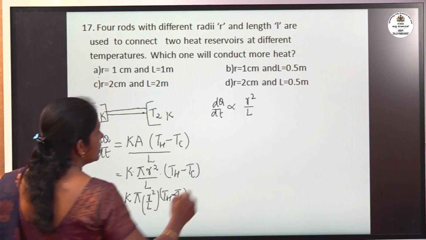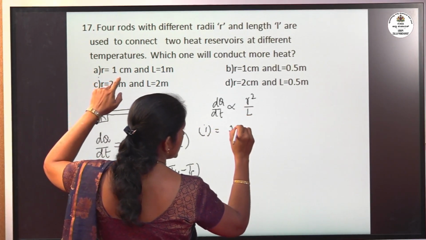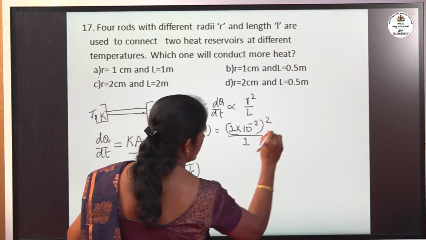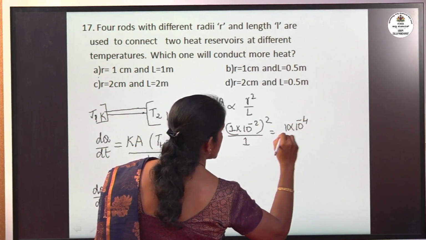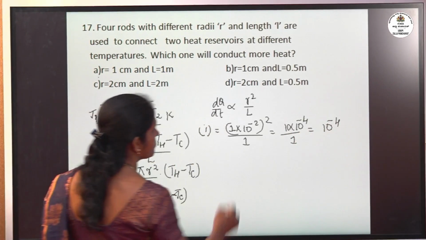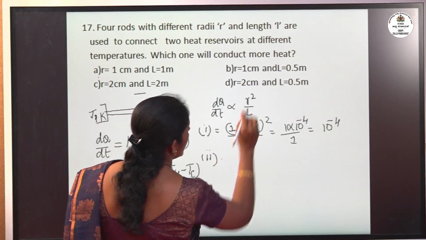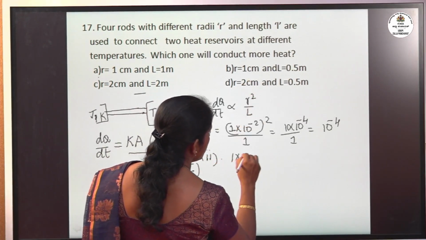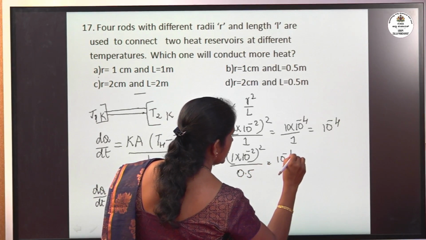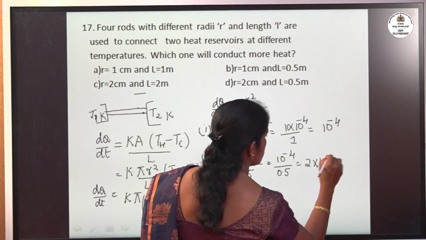For the first option, the rate is r square by L. R is 1 centimeter, that is 10 power minus 2 meter, squared, divided by L, 1 meter, giving 10 power minus 4. Then the second option, r square by L. R squared is 10 power minus 2 squared, divided by L 0.5, which is equal to 2 into 10 power minus 4.